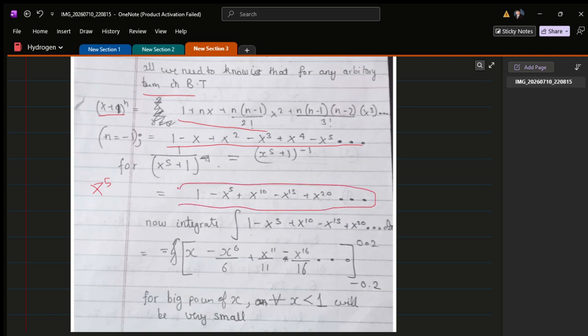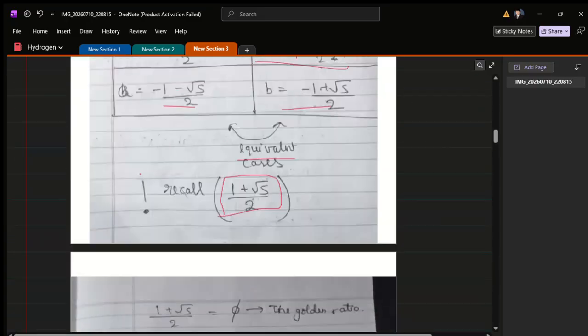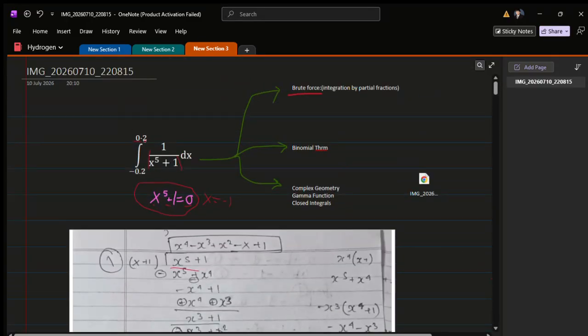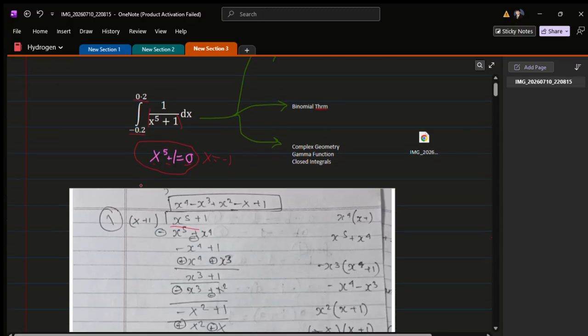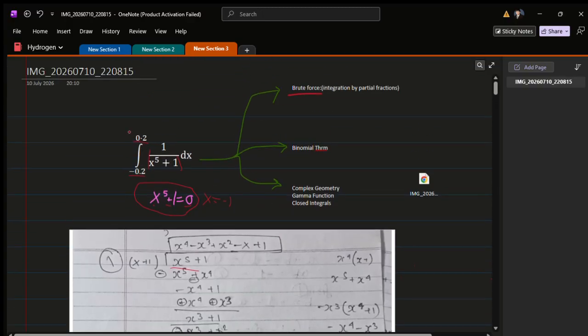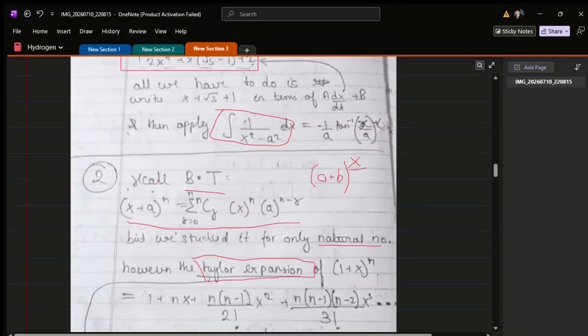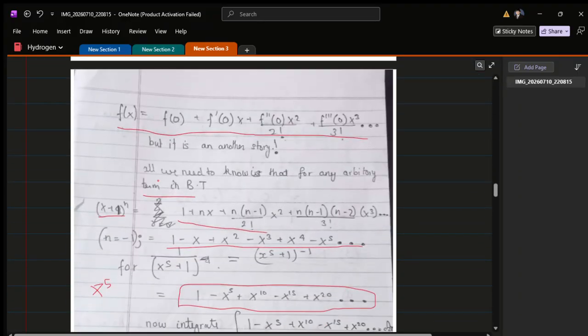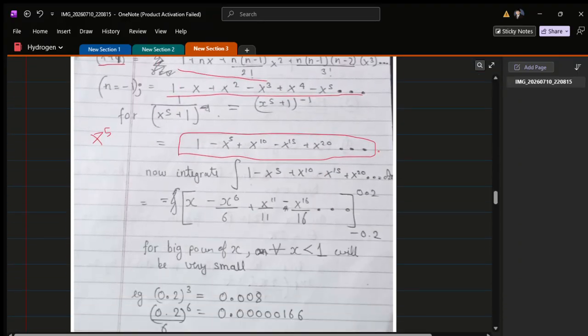Now the GP is formed, and luckily because the integral's bound was from 0.2 and minus 0.2, and obviously 0.2 is lesser than 1 and minus 1 respectively. They are lesser than 1, so we can use the formula of the sum of the GP for x smaller than 1, which will yield us this, or we can just integrate this.